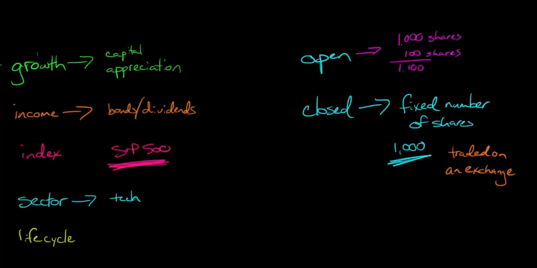So the fund can be increasing in size, right? So it has more shares and more capital. The closed fund is just going to be a fixed number of shares, and so you have to buy the shares not from the fund itself, but on an exchange from a person who owns shares in the fund and wants to sell. So those are two main types.